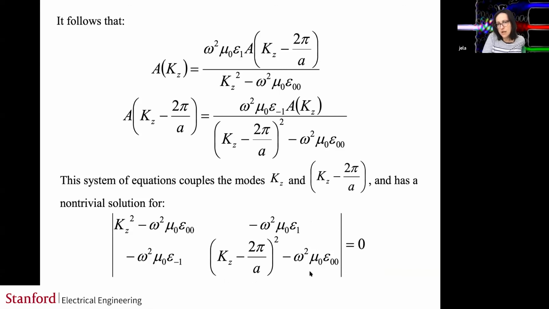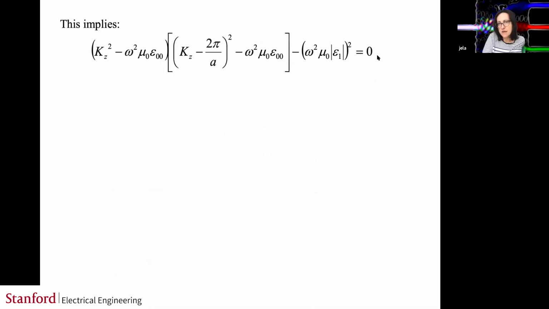So when you calculate this determinant, you obtain a function of omega and k, which has to be equal to 0 in order to have a non-trivial solution for the field, okay? Does that make sense? This is a simplified example. You can do it in a less simplified example, but this will give you combinations of omega and k for which non-trivial solutions of the field exist.